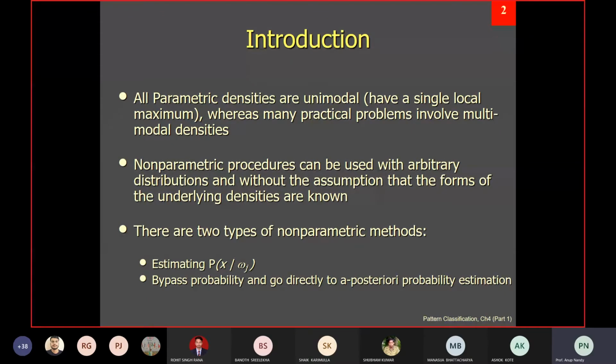All the classical parametric densities are unimodal, but in real-life applications the density is not unimodal. If your density is unimodal, it means you have only a single local maximum.